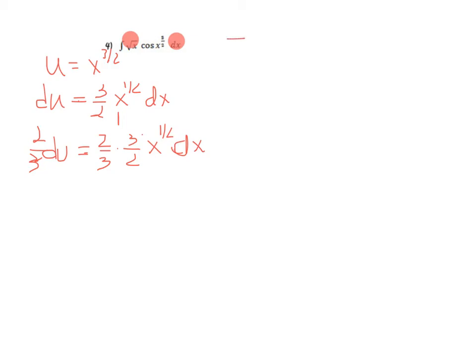So this will be equal to, I'm going to rewrite this integral. I'm going to do cosine of x to the 3/2 times x to the 1/2 times dx.